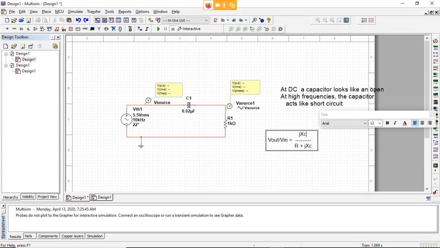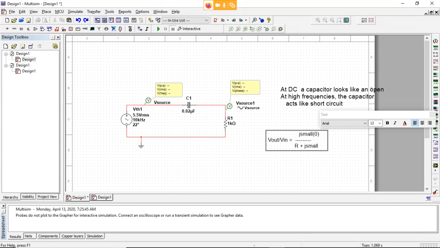X of C. Okay, so X of C becomes very small at high frequencies. I'm not going to say close to 0, but there's a J here. This becomes very small, but R is not small.